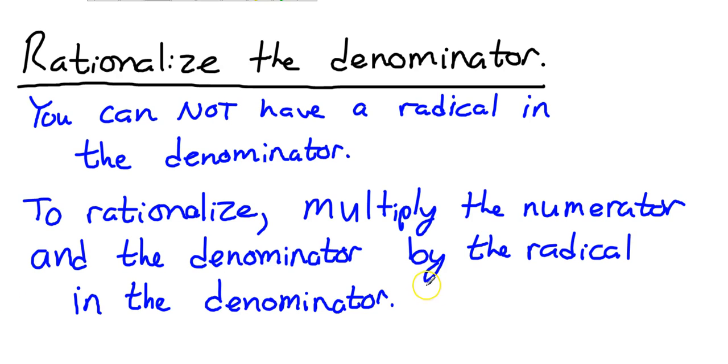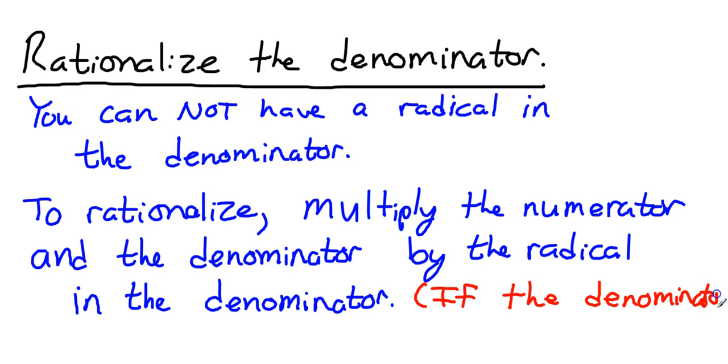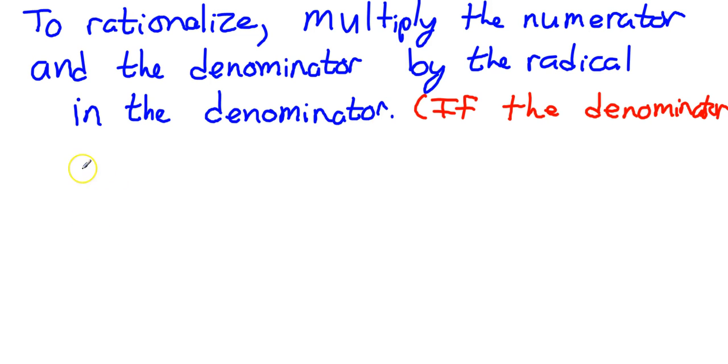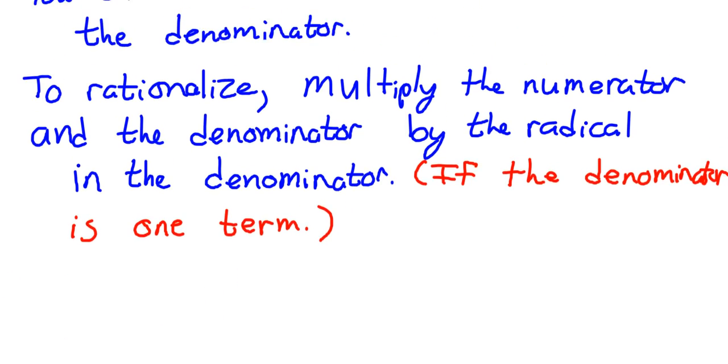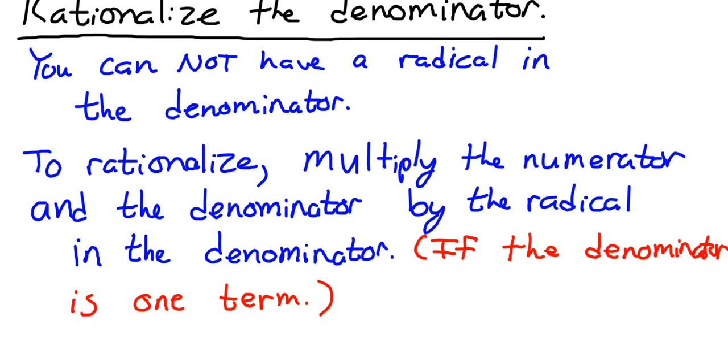And one other thing we'll put with that one is, that's as long as the denominator is one term. If it's a two-term denominator, it's a little bit different, same thing, but we've got to do one little thing different to it. The first part they're going to give you when we're going through these is just a one-term denominator, and it's easier to simplify that one than if you have a two-term denominator.